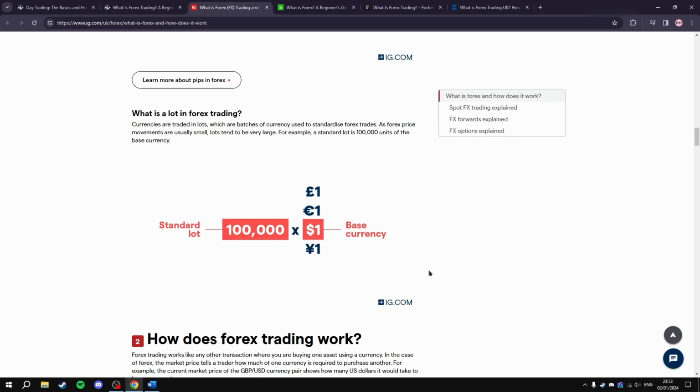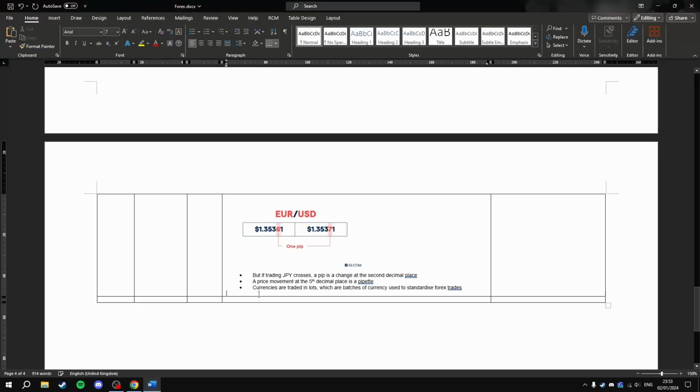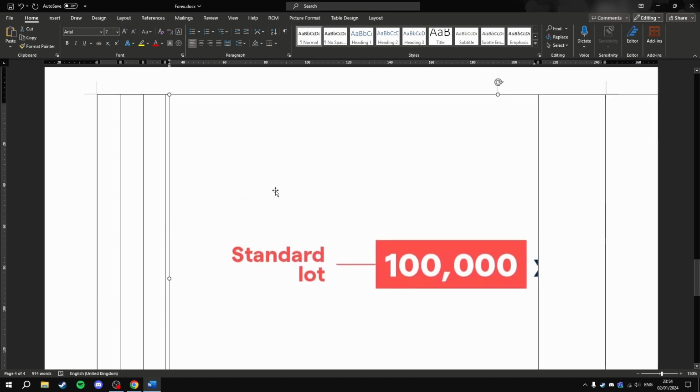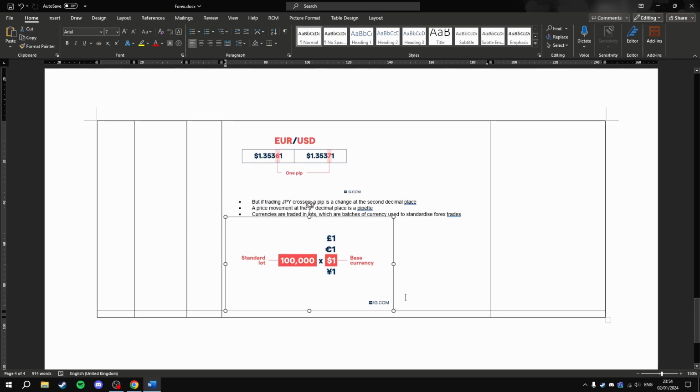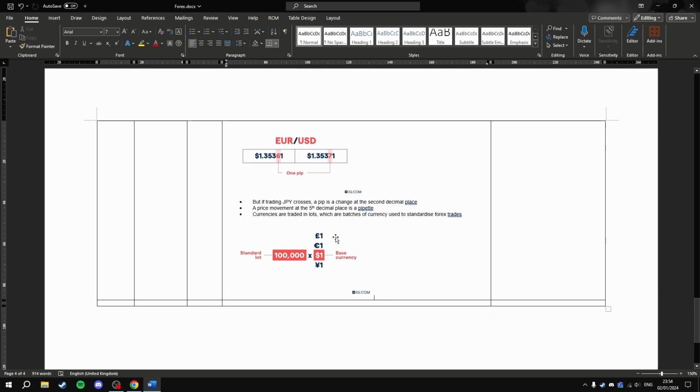As forex price movements are usually small, lots tend to be very large. For example, a standard lot is 100,000 units of the base currency. Right, okay.